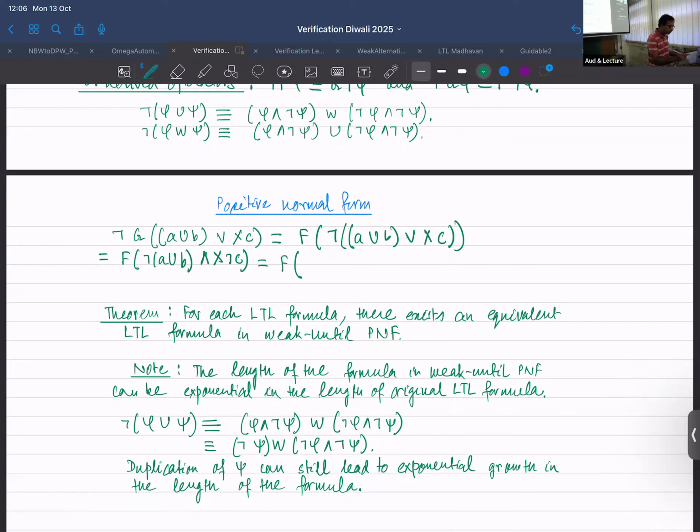Negation of A until B is not B weak until not A and not B. Okay? So this, and X of not C. So you can write it in this way. You can push the negations inside.